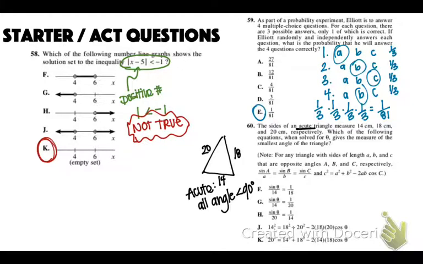And we want to know which of the following equations, when solved for theta, gives the measure of the smallest angle on the triangle. Well, the smallest angle is always opposite of the smallest side. So here's our smallest side. Opposite of that, this would be our smallest angle there.